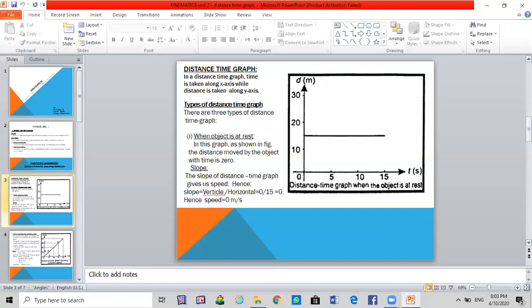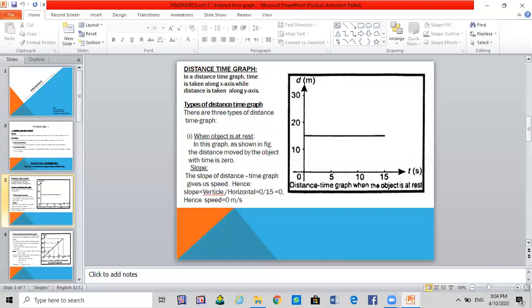In this graph, as shown in the figure, the distance moved by the object with time is 0. It means the distance remains the same as time passes, so no more distance is covered by the object. Slope: the slope of a distance-time graph gives us speed.